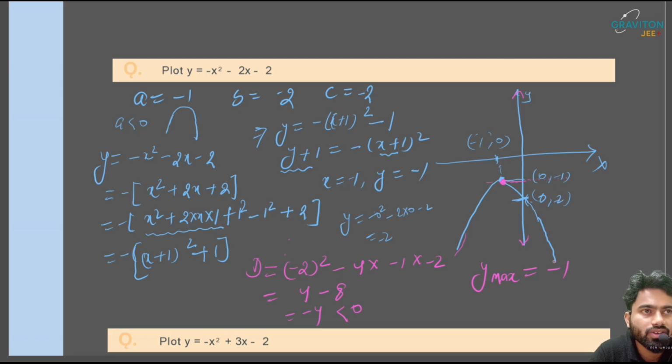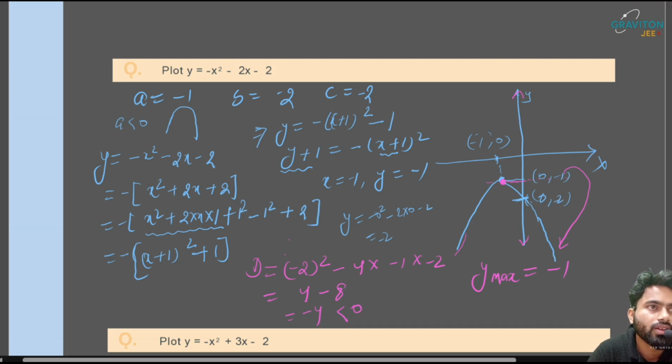And that -1 is nothing but the y coordinate, not the x coordinate, because if we are estimating the maximum or minimum, we look at the y value, right? If we ask what is the minimum value attained by this function, this parabola goes downward, and it goes to negative infinity. So the minimum of this type of function does not exist.